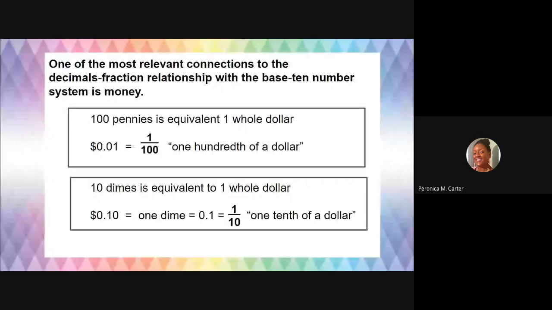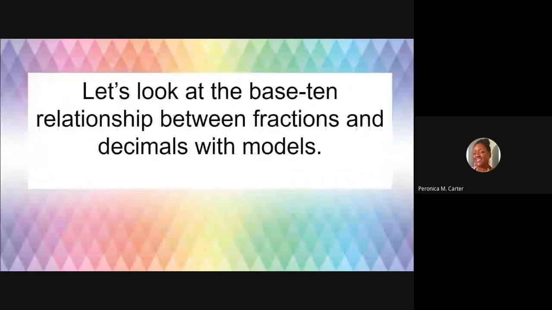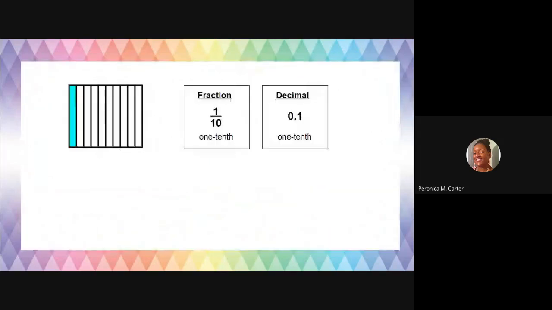Let's look at the base 10 relationship between fractions and decimals with models. And this is where you're going to see it mostly when you're working with it in school. All right, so just look at this model that is given here. It's your basic fraction model. How many parts do we have? If you count them, I'll give you a second to count. All right, so there are 10 parts, right?